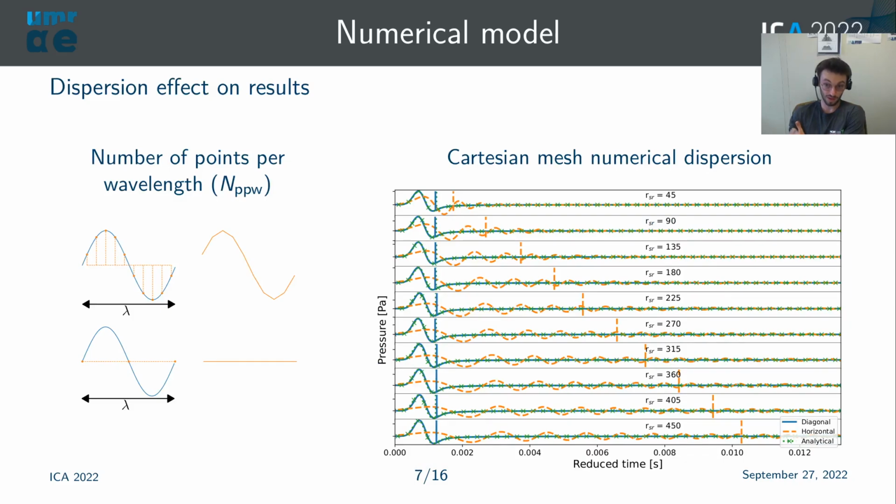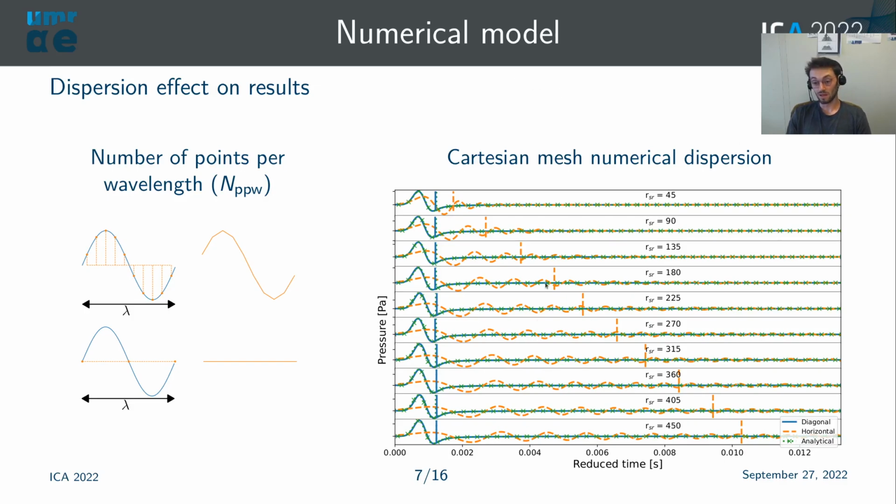The dispersion effect of this method is like any other, and it's highly related to the number of points per wavelength. If you take a sine and discretize it with 10 points, you will get a discretized sine. But if you only take 3 points per wavelength, you will get a flat line. This is a common principle.